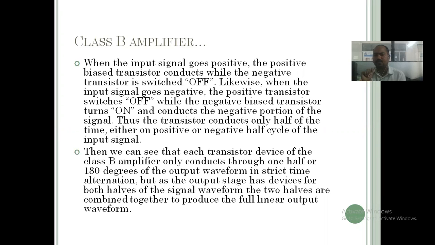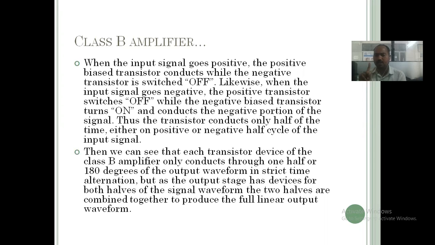The other transistor, the negative biased transistor, is turned off, right? In the other case, when the negative half cycle comes, the negative biased transistor is on and the positive biased transistor is turned off, right? This cycle happens again and again. Why? Because whatever signal is applied is a sine wave, and a sine wave has two half cycles.